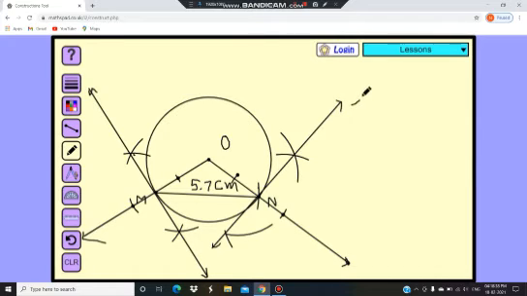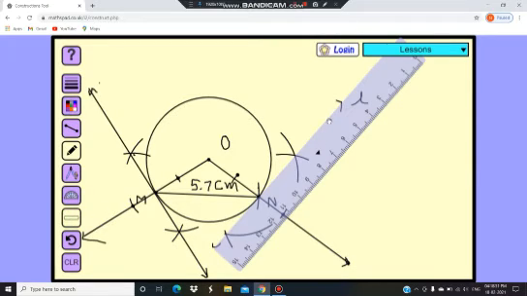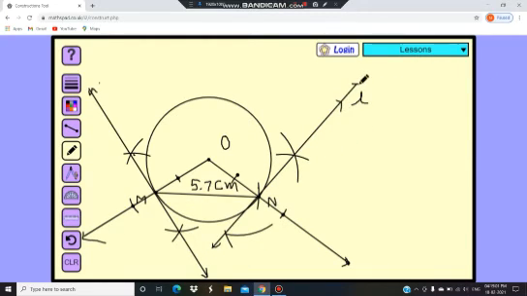You can name it, this is the line L and this is the line M.